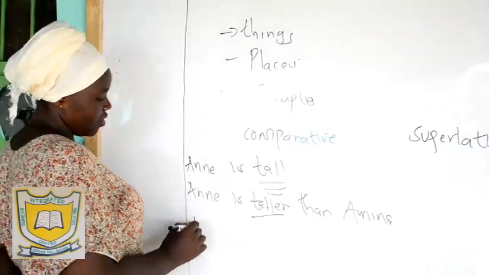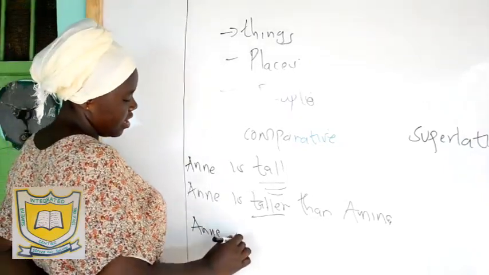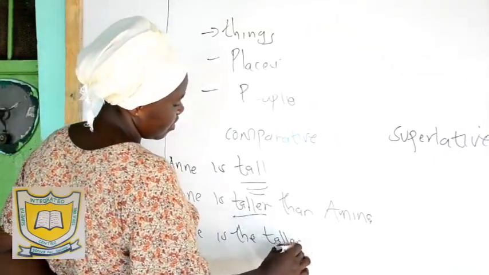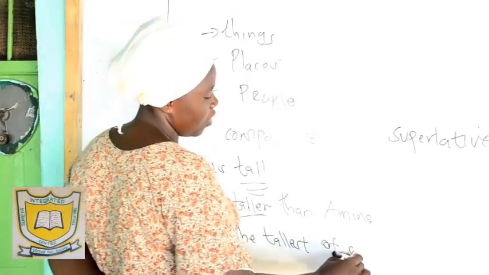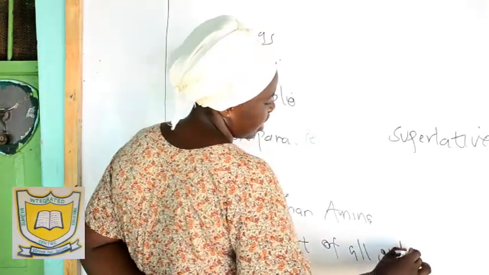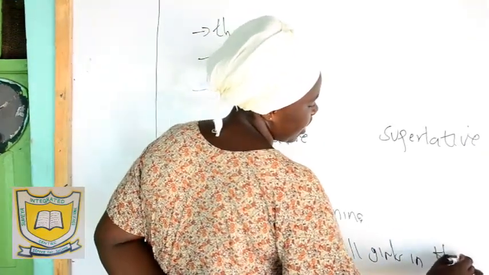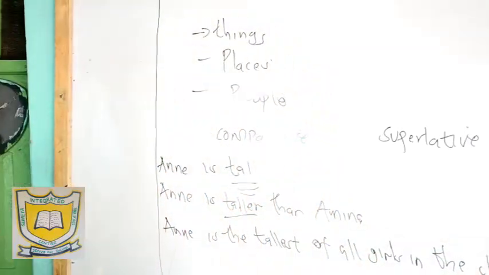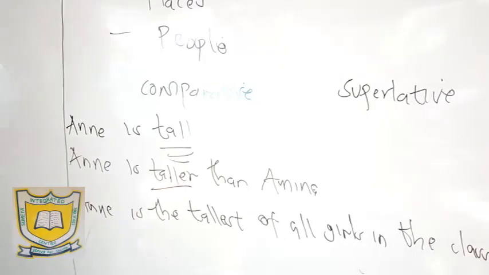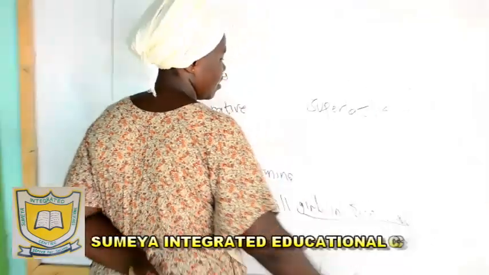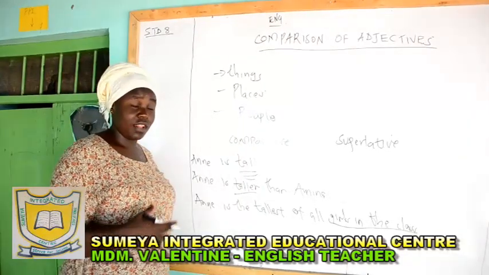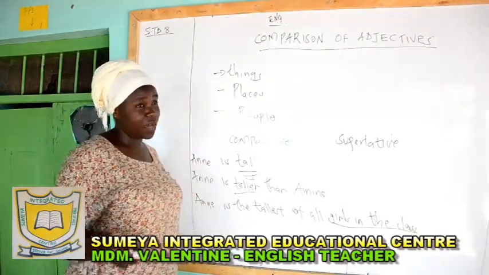Then I'm going to say Anne is the tallest of all girls in the class. Why? When you're talking about more than two things, you use the superlative form of the adjective. That's why I say girls in the class. A class has more than 10, or let's say 5, pupils who are girls.